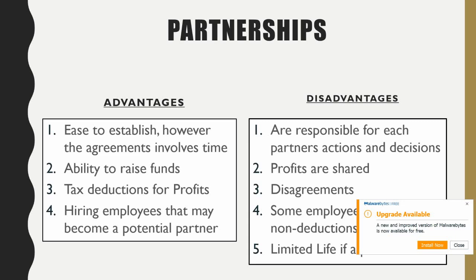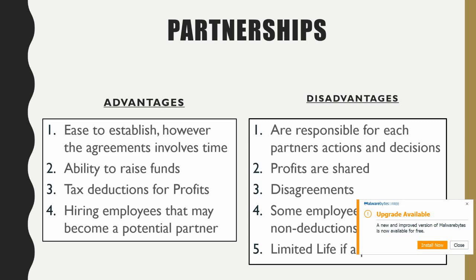Okay, and then with that, another disadvantage is that profits are shared. Okay? Of course, if you're in the business of making money, everyone wants to claim all the profits. But in this case, depending on how many partners you have, whether it's 2, 3, or even 4, you have to split those profits.